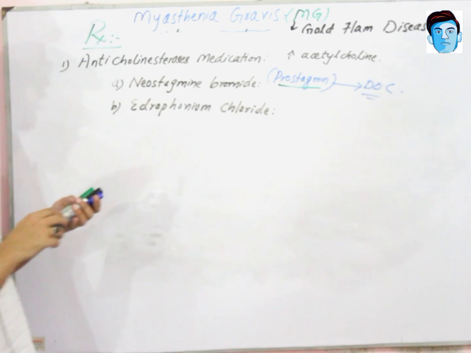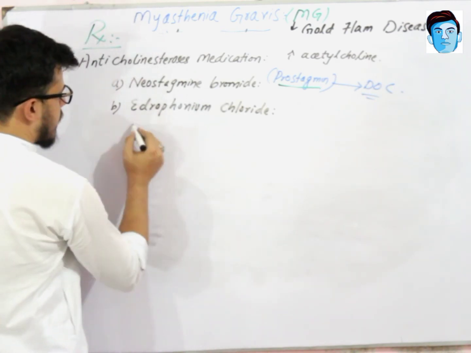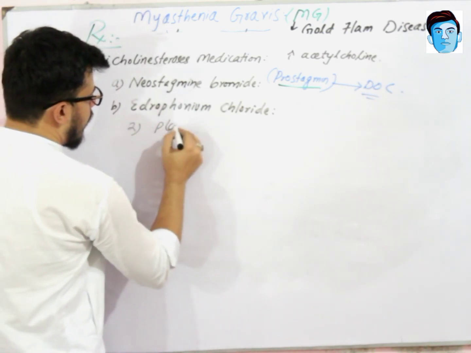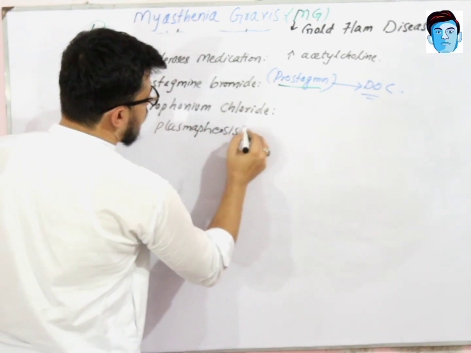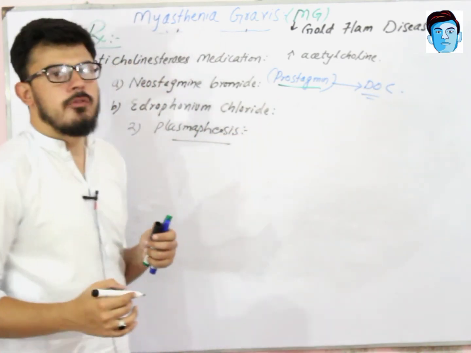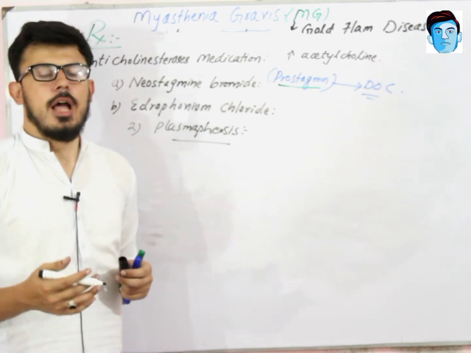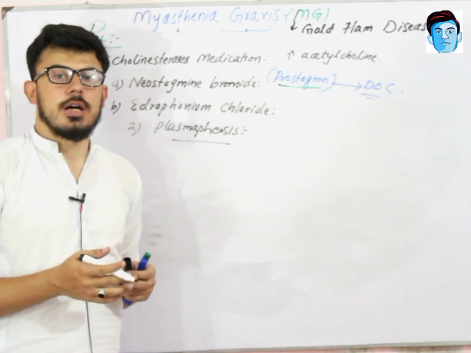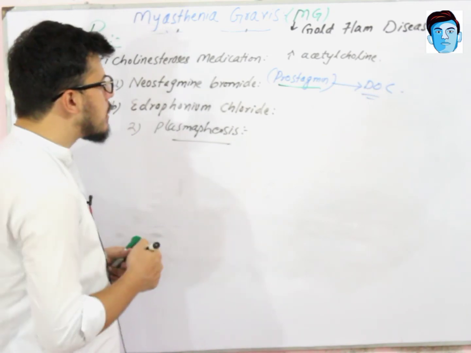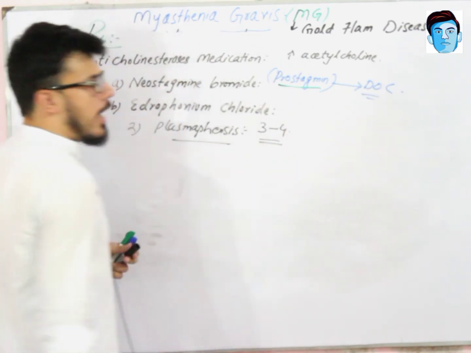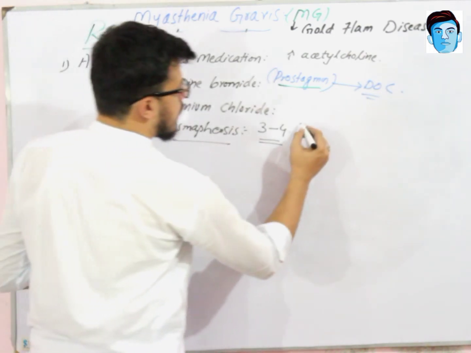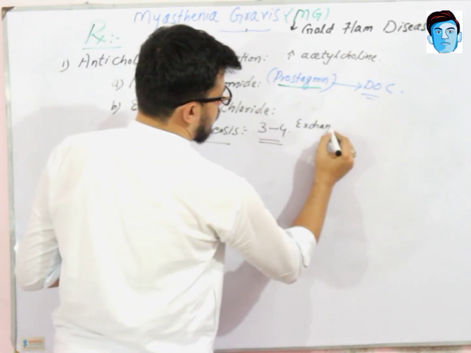Also, we can go for plasmapheresis. In plasmapheresis we remove the antibodies that are bound to the acetylcholine receptors, and at least 3 to 4 exchanges are needed.